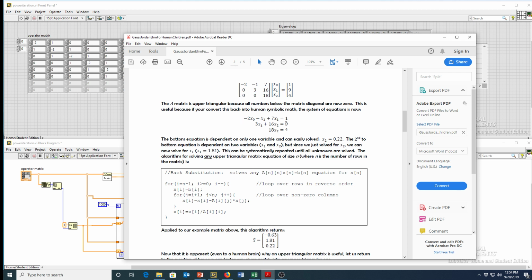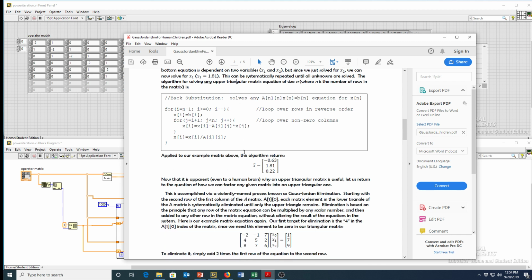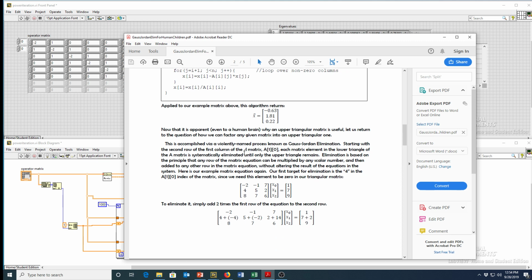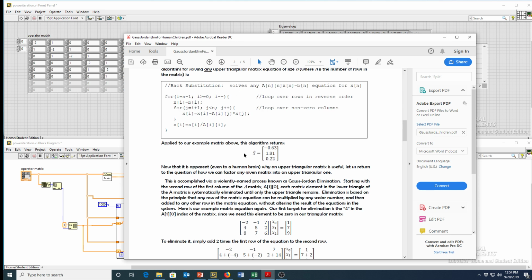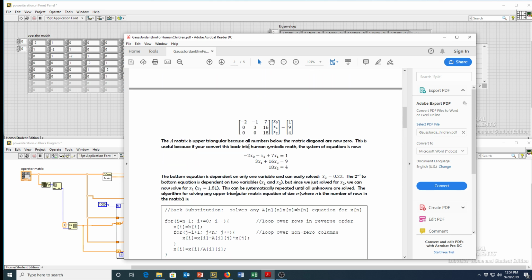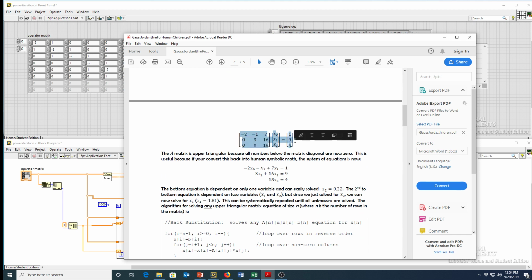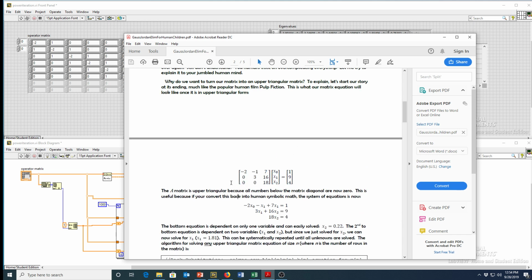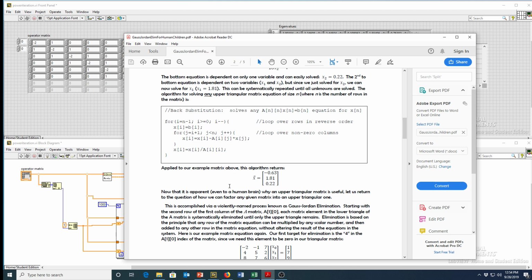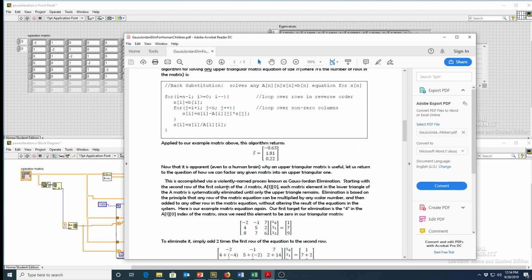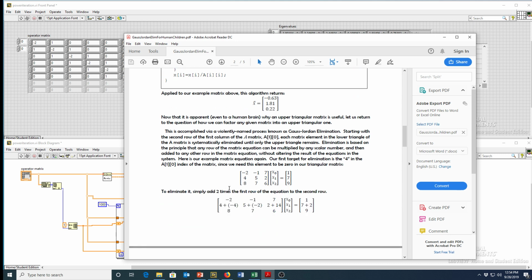And you can just follow a set procedure to do that. But that doesn't answer the question, how do you get your set of equations into this upper triangular form? So you have to do some factoring and a process called Gauss-Jordan elimination.